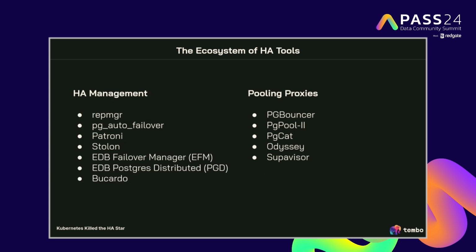And then we have the tools. Anybody familiar with any of these or most of them? That's just the HA management stuff. That's not even getting into the other components you'll need to glue everything together.